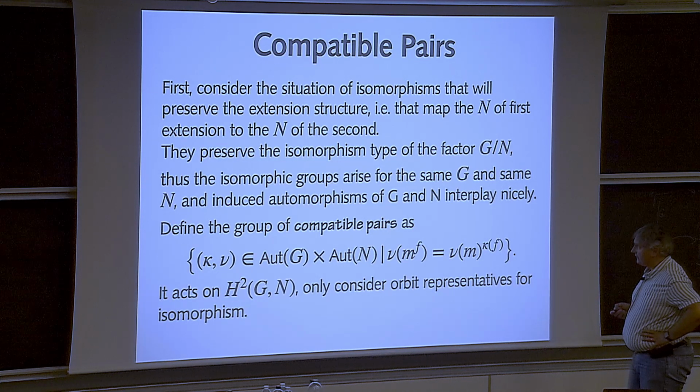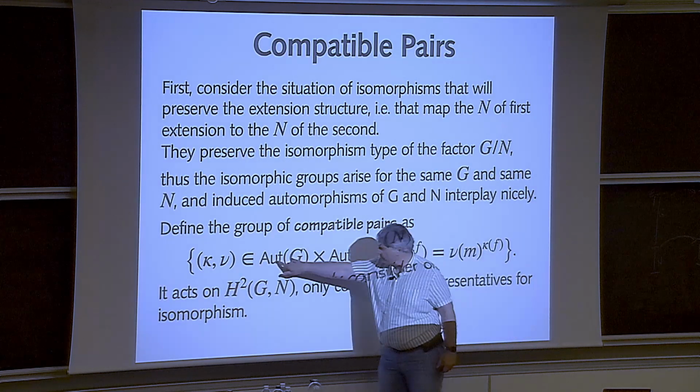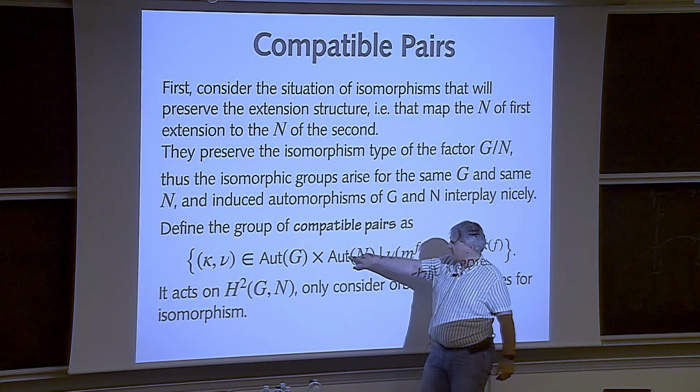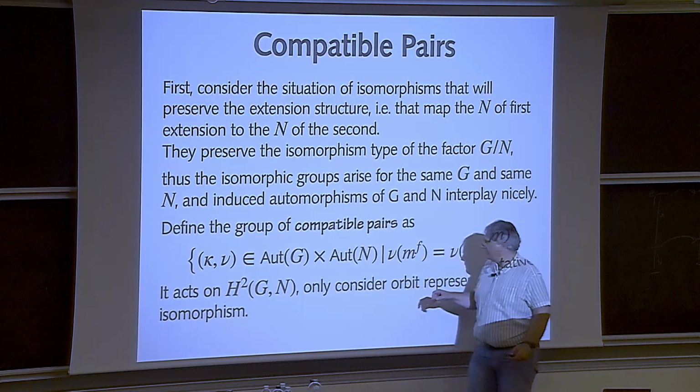So what are compatible pairs? They are pairs of automorphisms of G and automorphisms of N, which are, well, compatible.